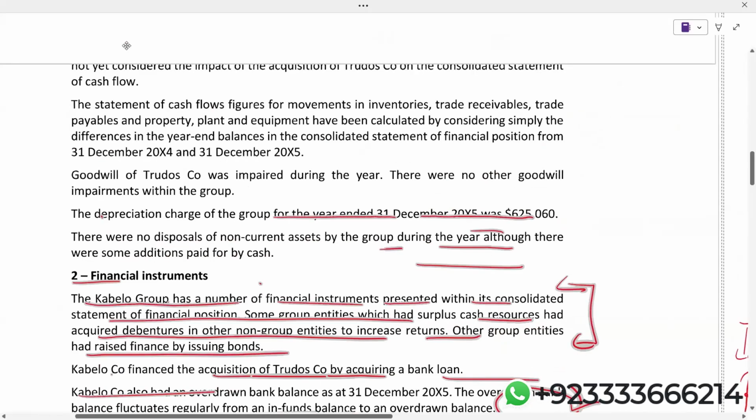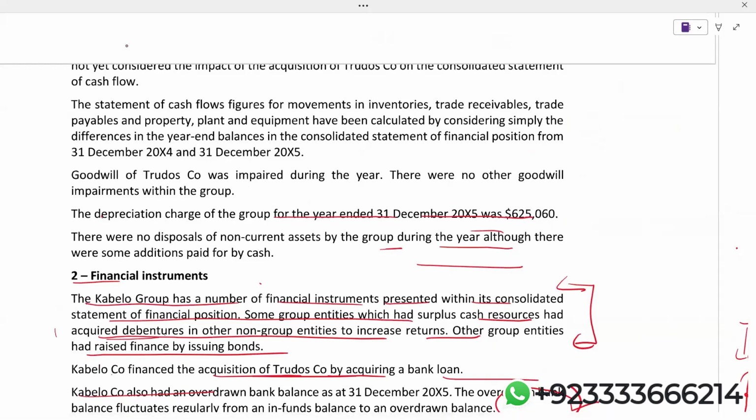Cash surplus resources had acquired debentures. Acquisition of debentures means companies are simply making an investment in debentures so that they can generate returns from their investment. That falls in investing activities.